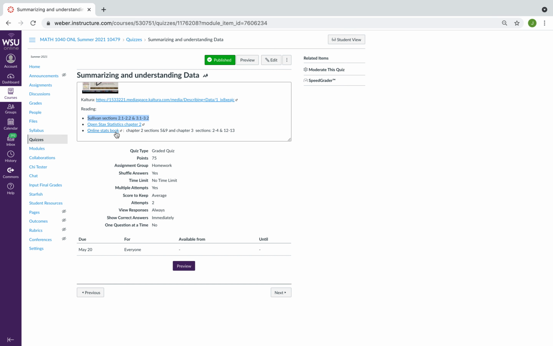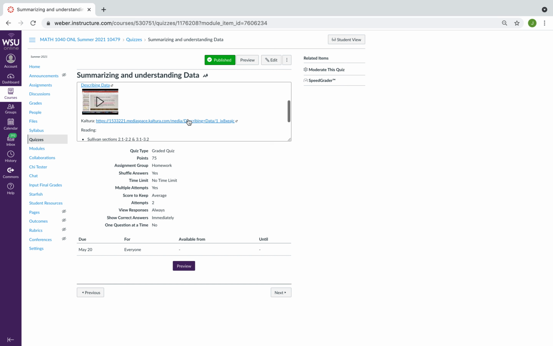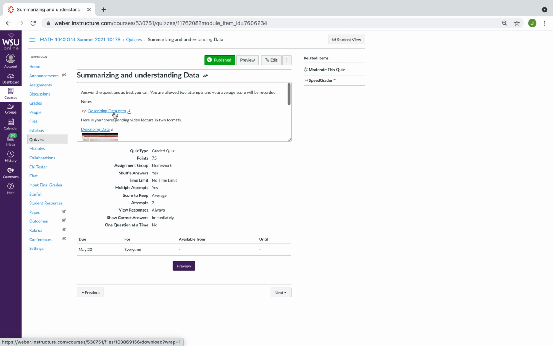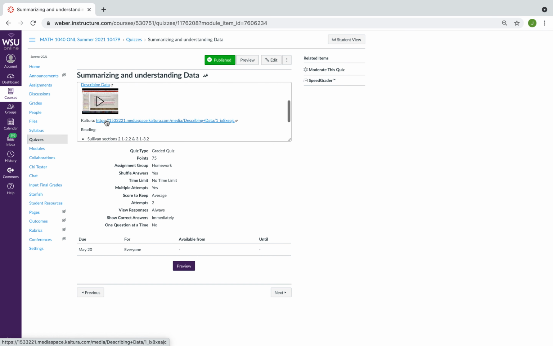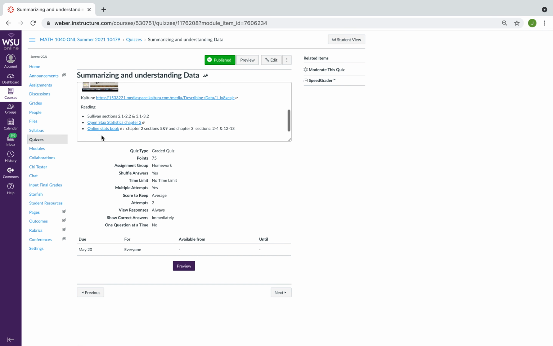Read all of chapter 2, or you can go with this other free online stats textbook, and it has these sections that correspond to it. Chapter 2, sections 5 and 9, chapter 3, sections 2 through 4, and 12 through 13. Or if you feel the video lecture and the PowerPoint slides are sufficient, that is your choice. So you could just go with the lecture notes, you could go with the textbook, you could go with a free textbook. I'm leaving that choice up to you, and you get to make that decision.